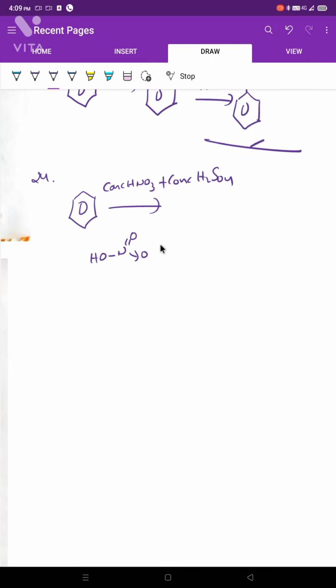You can write HNO3 like this, and H2SO4 like this.